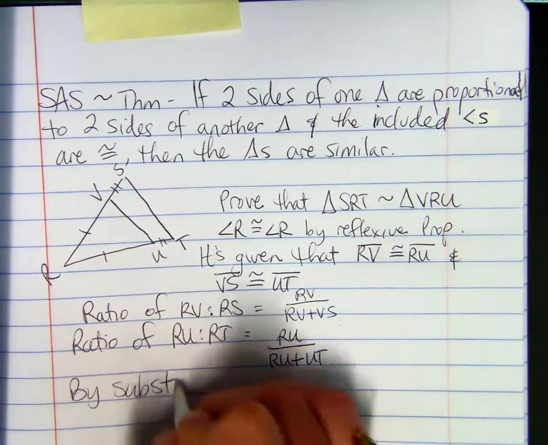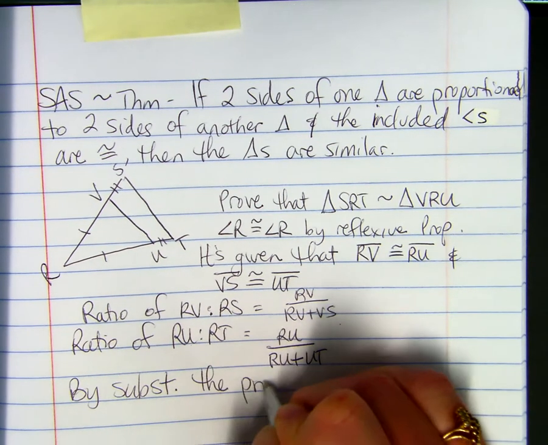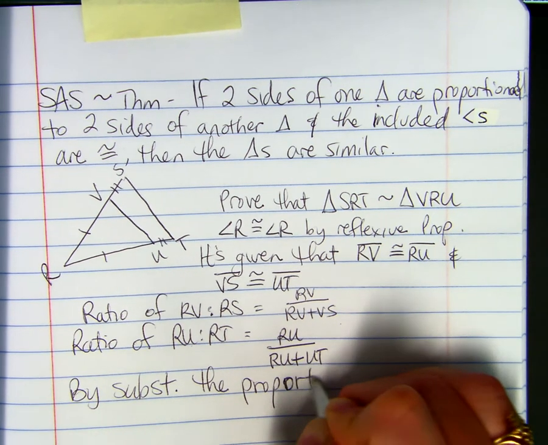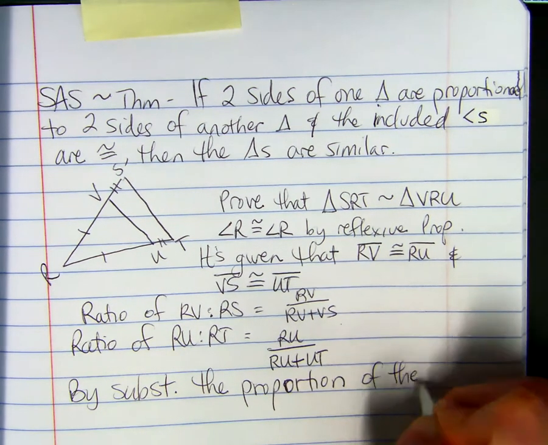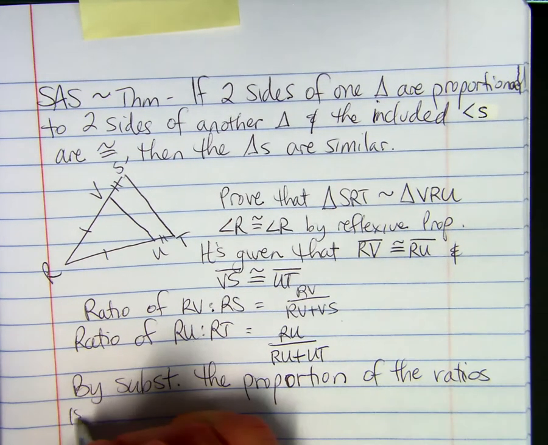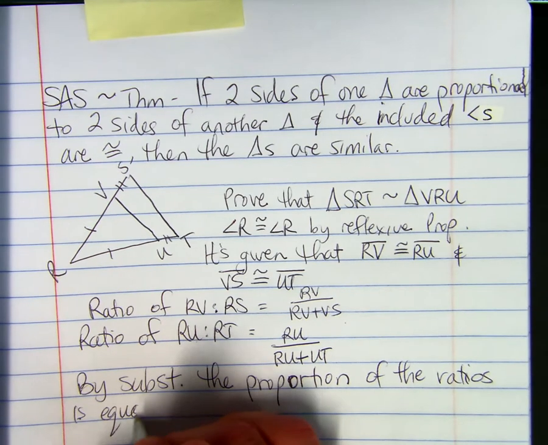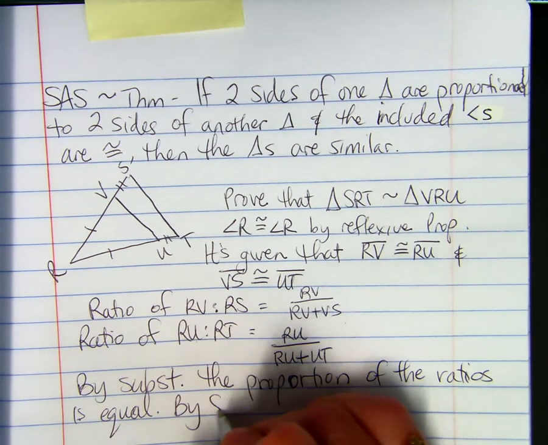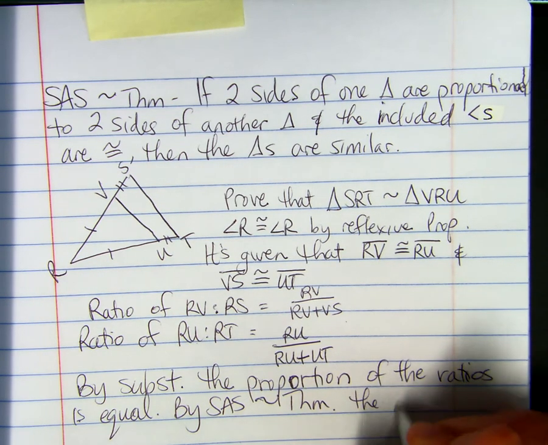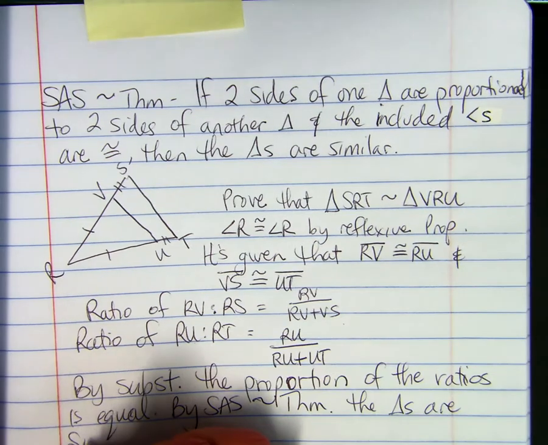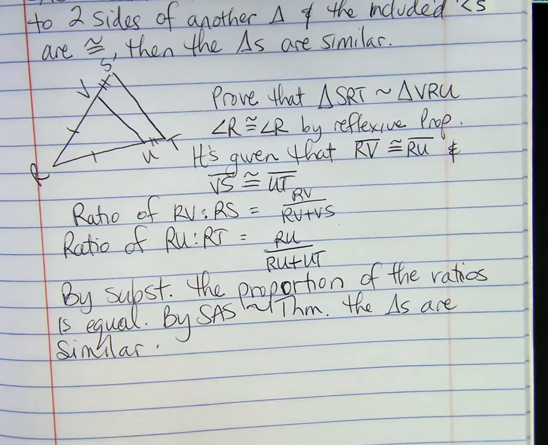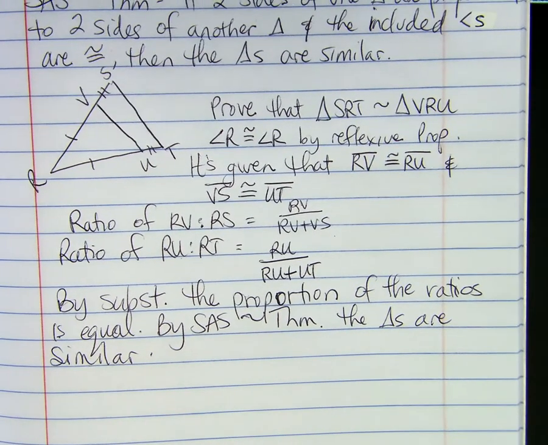So by substitution, the proportion of the ratios is equal. So then you can just say by the SAS similarity theorem, the triangles are similar.